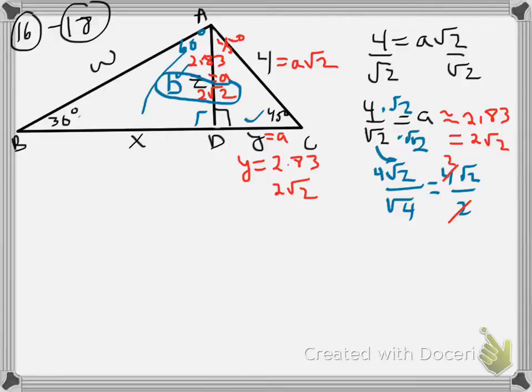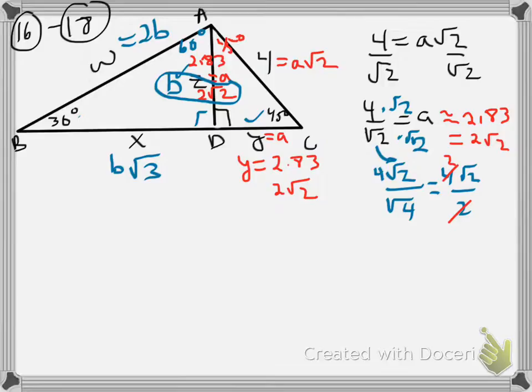Across from 60, which is down there by X, is what we say is A root 3. Well, actually, we can't use A. My mistake. We're using B. B root 3. And then across from 90, remember we're using B instead of A, is 2B. So how do I get X?